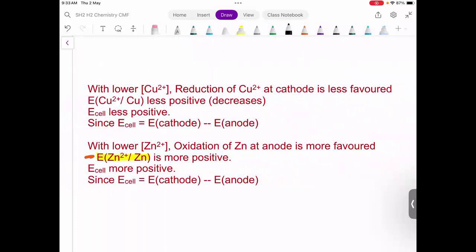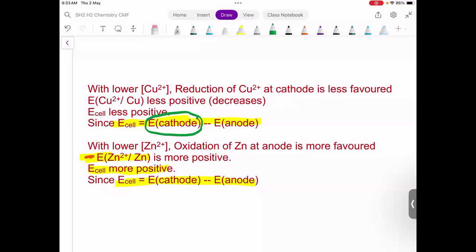It's just that because of the negative sign, now I'm referring to the whole thing as becoming more positive. Therefore, your E cell is more positive. Because of this equation, the cathode is always here in front.